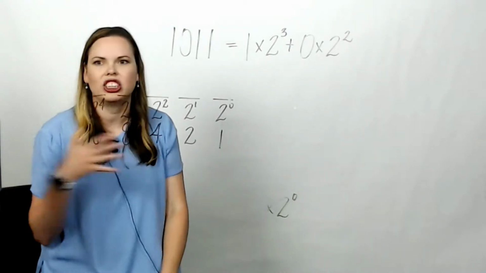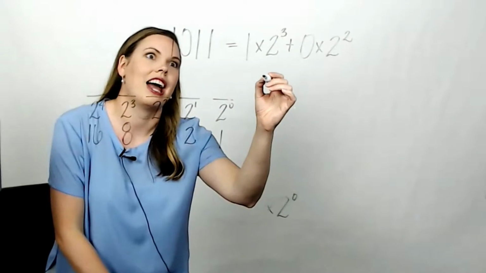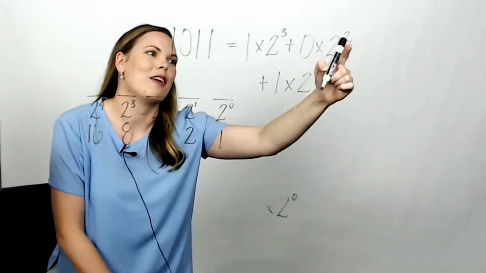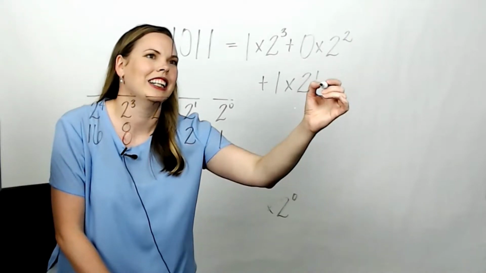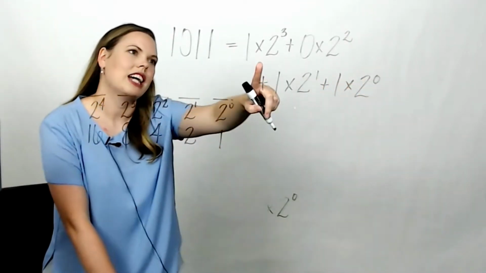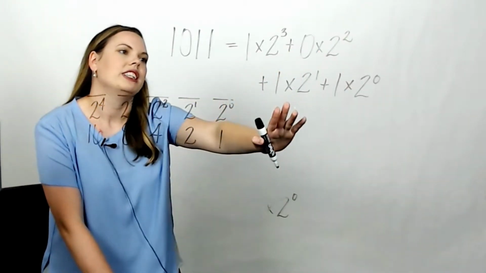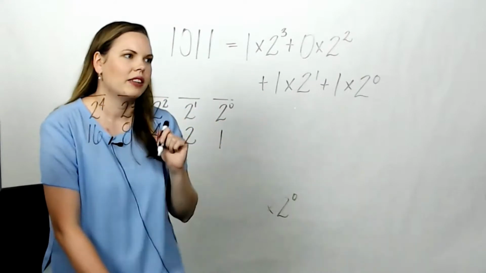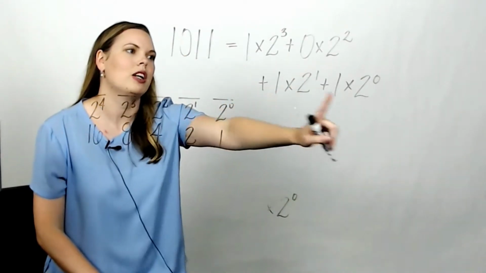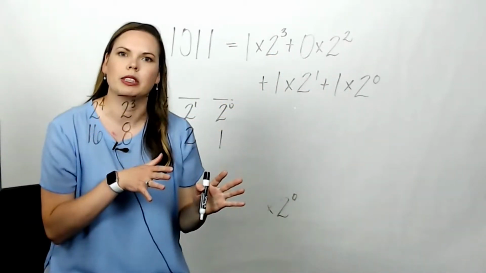I like to write it just to see that it's there and that I haven't forgotten it, because I like to see all my powers. Okay, so 1 times 2 to the third power, 0 times 2 squared, 1 times 2 to the first, and 1 times 2 to the 0: 1, 0, 1, 1. So these are my digits in my numeral, and then their corresponding place values that they're getting multiplied by.